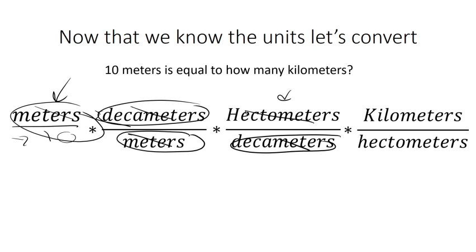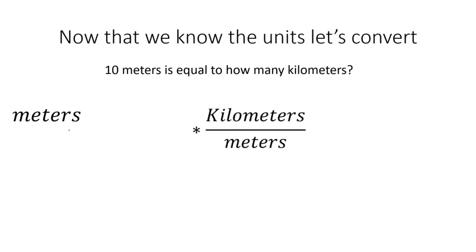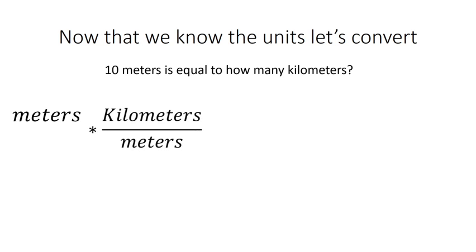We're going to cancel them out. So if you look, the only thing that's not canceled out here is kilometers and kilometers, which is what we want. Now, we can do this in one step. If we know how many meters there are in a kilometer, it'll make it much easier.